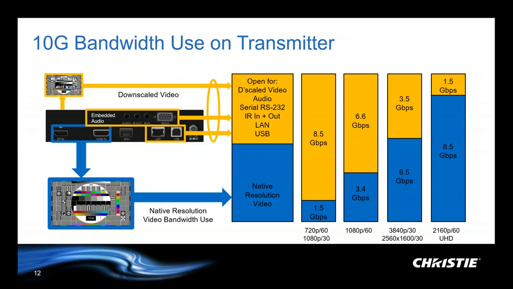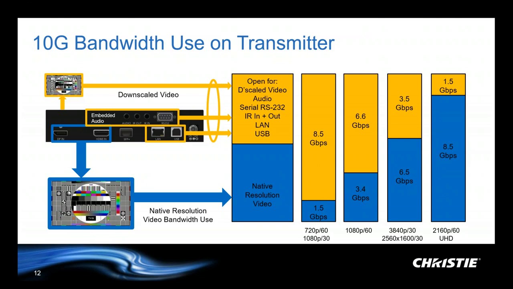The transmitter is always going to prioritize stream 0 in terms of bandwidth. It's always going to send it out as native resolution or as close to native resolution as it can get. The higher the resolution of the input, the more bandwidth stream 0 is going to use. So yes, you do need to be careful.